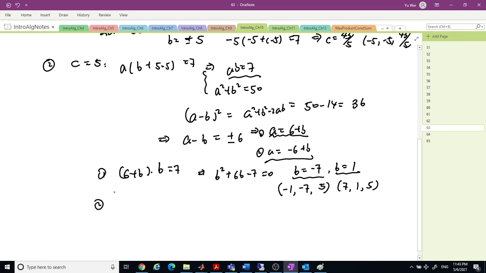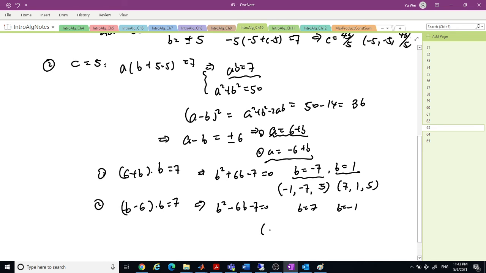The second case is A equals B minus 6, okay, times B equals 7. So this one gives you B squared minus 6B minus 7 equals 0. Now B equals 7 or B equals -1.